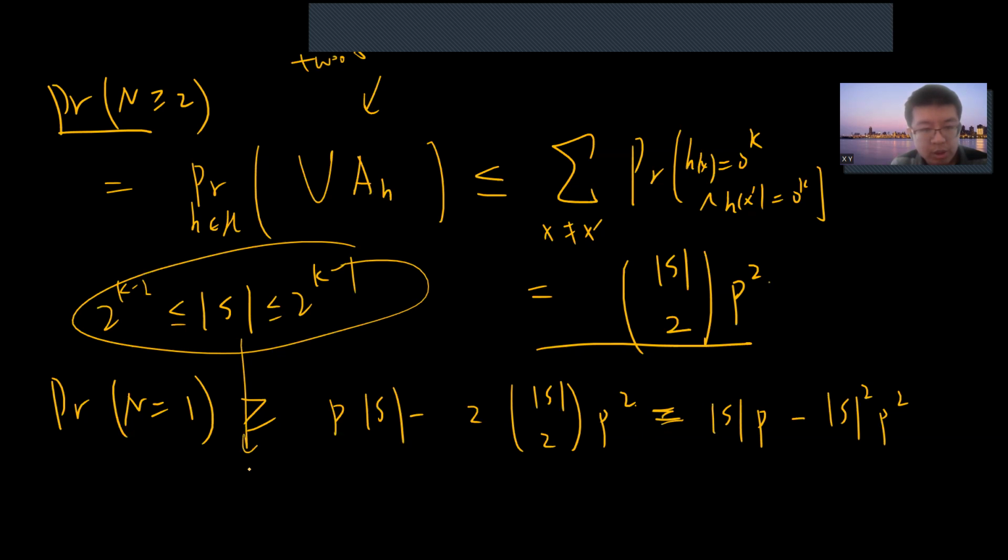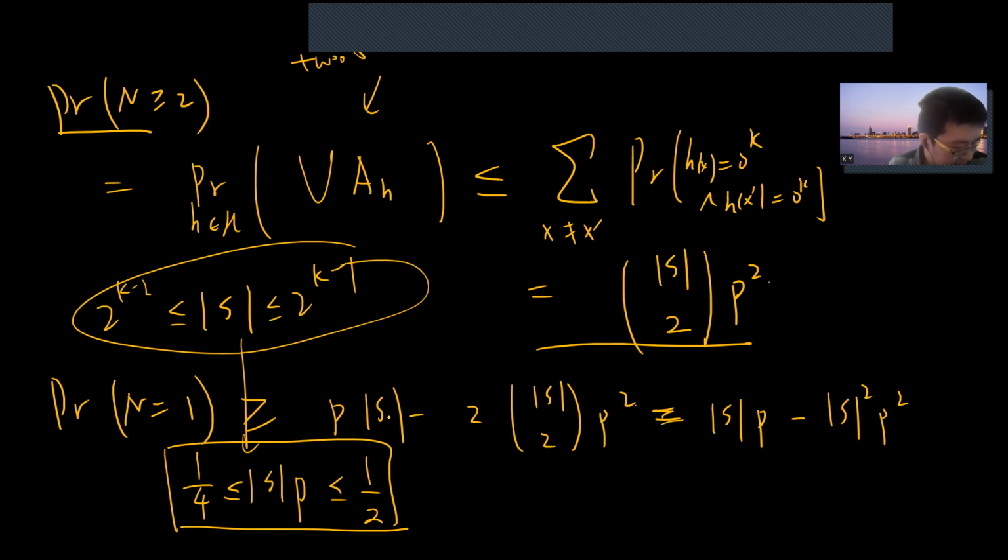So this tells me that s p is less or equal to half, and greater or equal to 1 divided by 4. So this gives you the bound. You can check that this is 1 divided by 8, because this is quadratic, so you can find the bound.